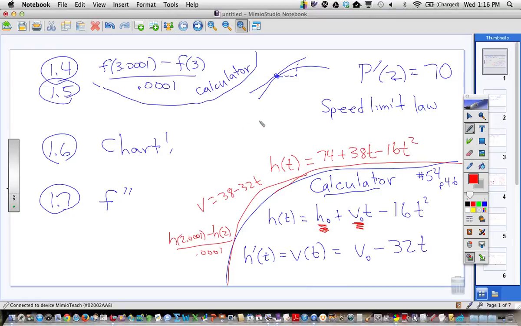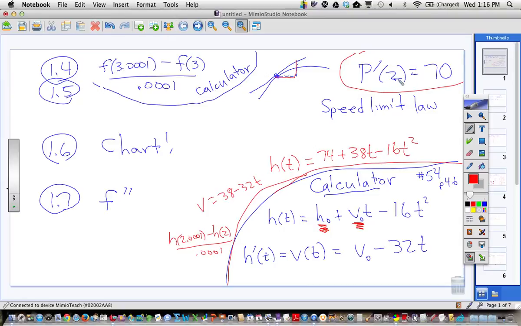Okay, so the no calculator part, of course, is all this chart stuff that we've been doing, and I'm going to give you some problems to work on here in a minute. And then what else have we done? We've done some sketching of a graph and estimating the slope with rise over run, drawing a tangent line. Remember when we did this with Bismarck? I gave you the whole description of east of Bismarck, starting at noon, and you were supposed to explain that in words. What was that? You remember?